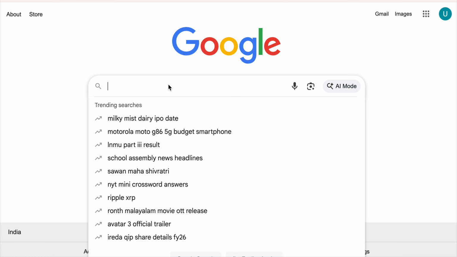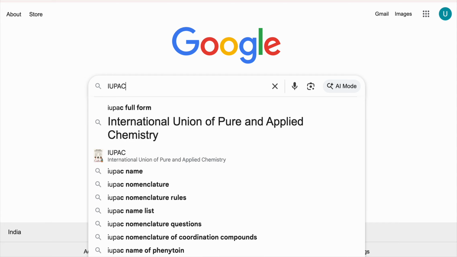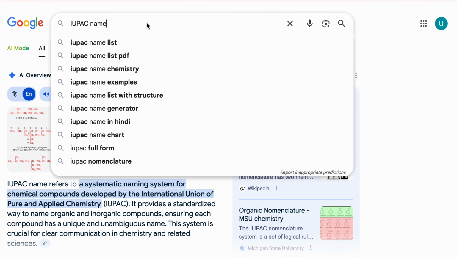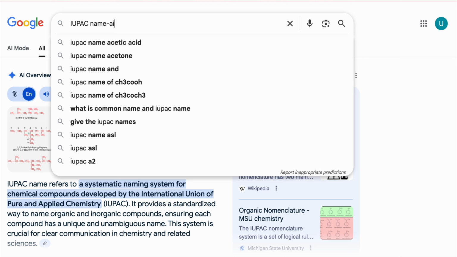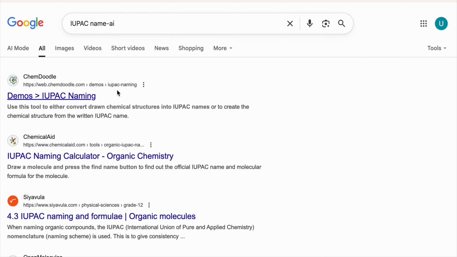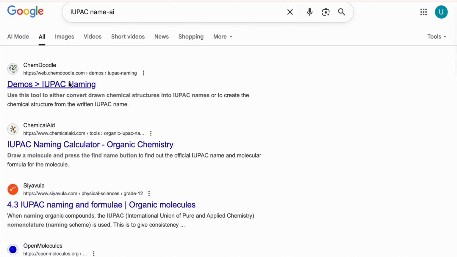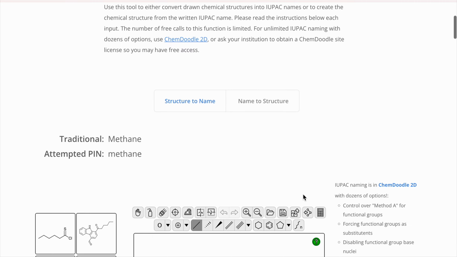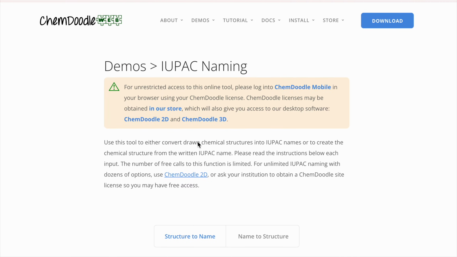First, let's study about IUPAC name. Use this tool to either convert to IUPAC or construct.